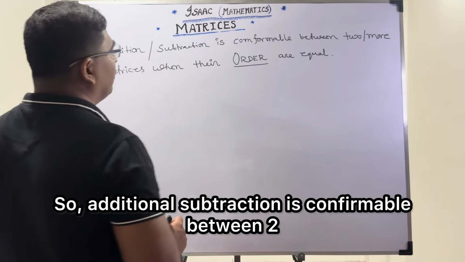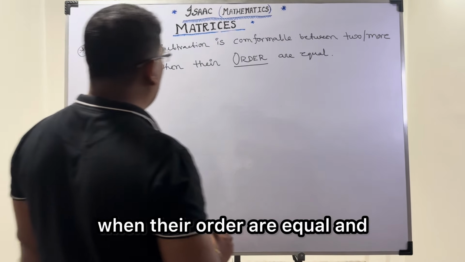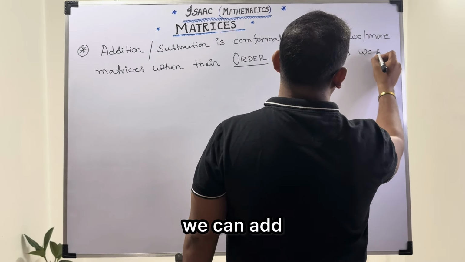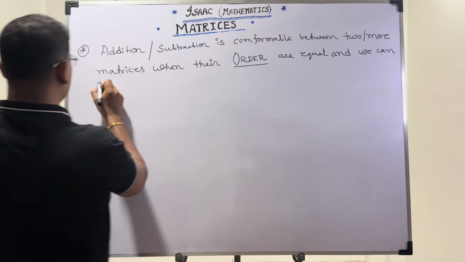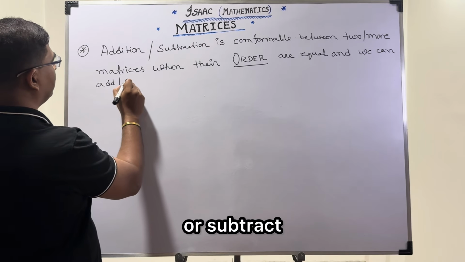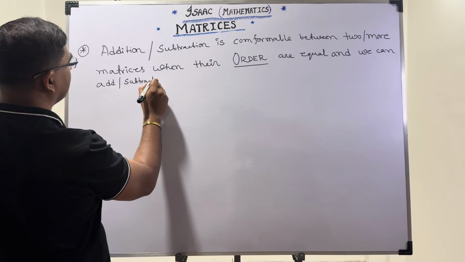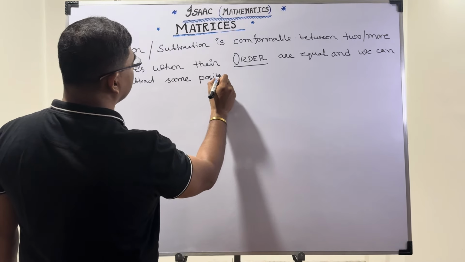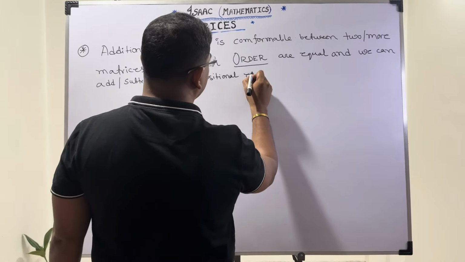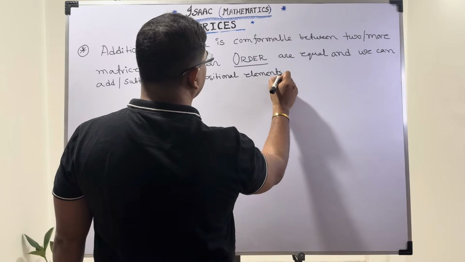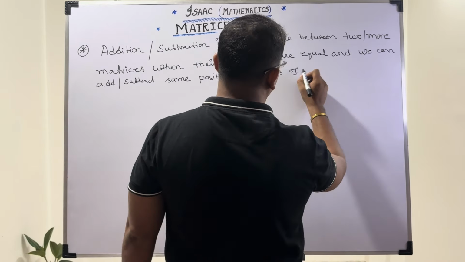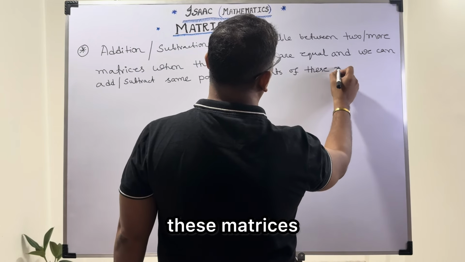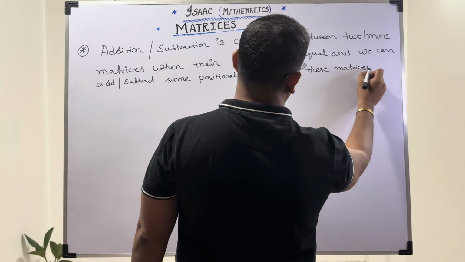So addition and subtraction is conformable between two or more matrices when their order is equal, and we can add or subtract same positional elements of these matrices. Okay.